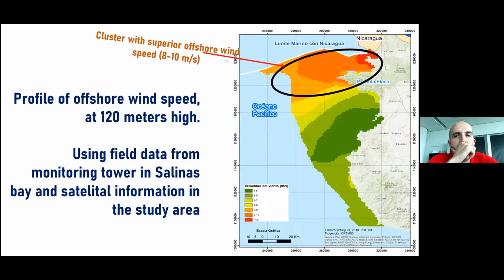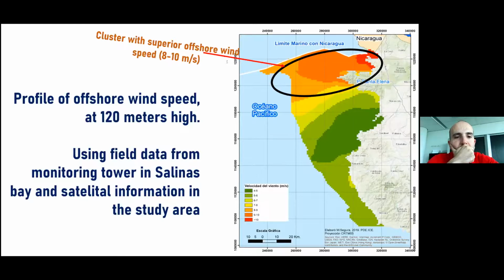It's a permanent cluster where you can see wind speed between 8 to 10 meters per second. This wind speed is very, very significant. And you can see the profile of the offshore wind speed at 120 meters high.